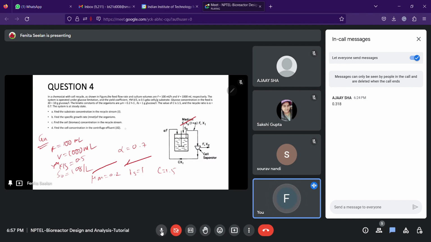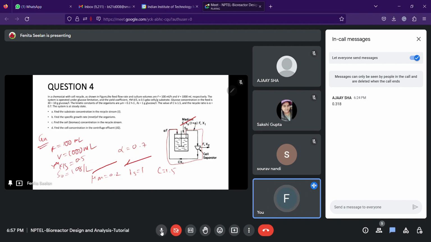So what we were asked in your question A is to find the substrate concentration in the recycle stream S. So in this recycle, how much substrate concentration will be there?